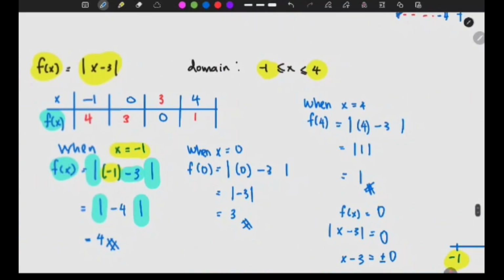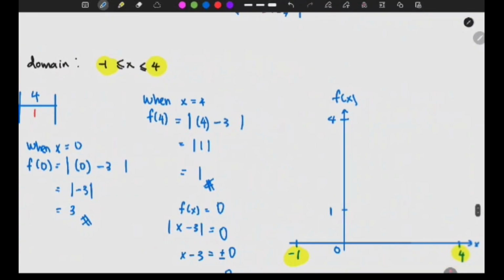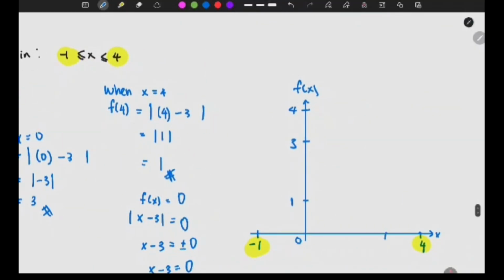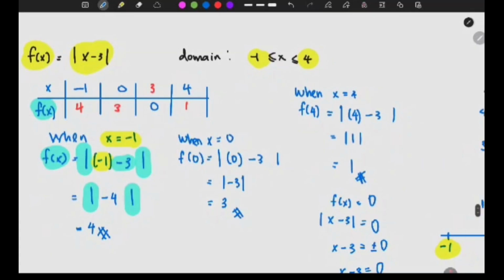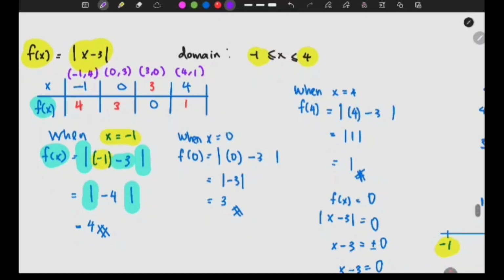And what you have to do now is the same thing, right? Coordinates. So let's go coordinates. It's x followed by your y-axis, which is your f(x). So same for the 0, 3, 3, 0, 4, 1. Your x first, and then your f(x), your x, y. Your coordinate follows this pattern, right? Something like this. Same thing.